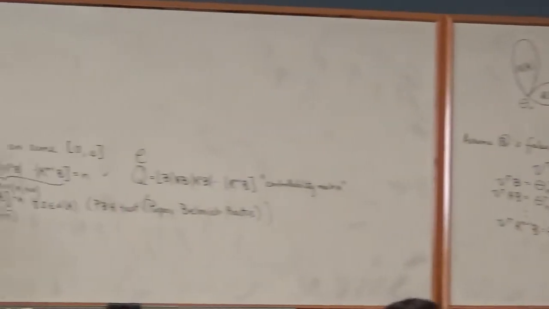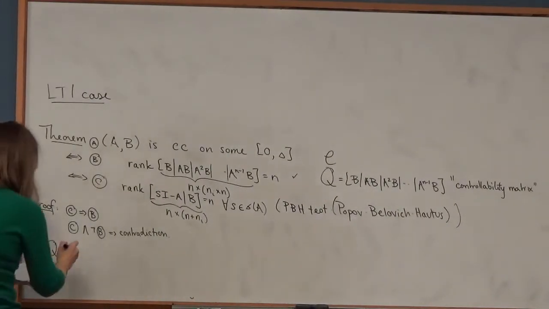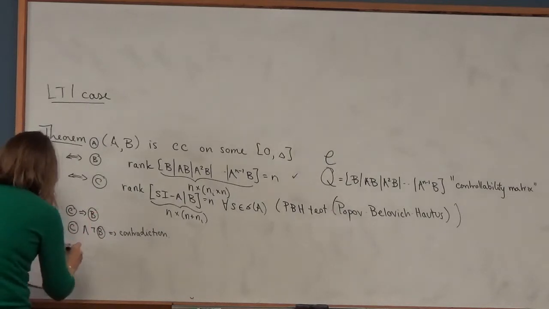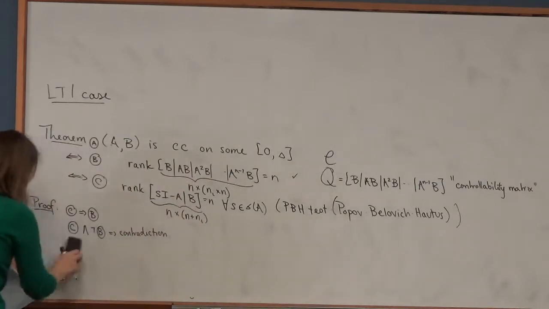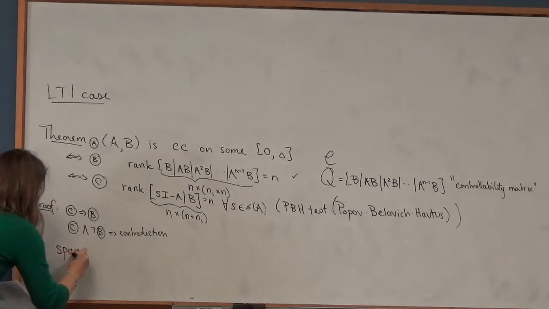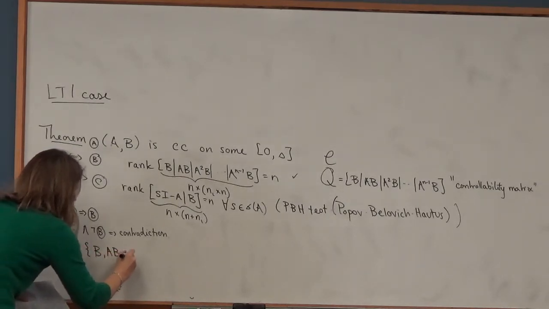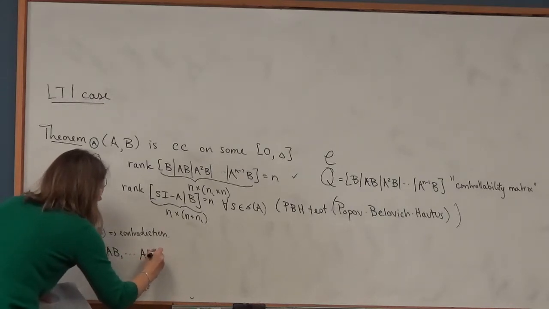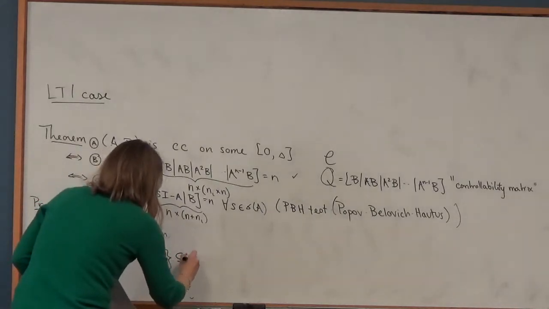So this matrix, which we call Q, the controllability matrix, let's not call it Q, because I called that the matrix. Let's say the span of the columns B, A B, up to A to the n minus 1 B. So the span of the columns of the controllability matrix is not Rn.